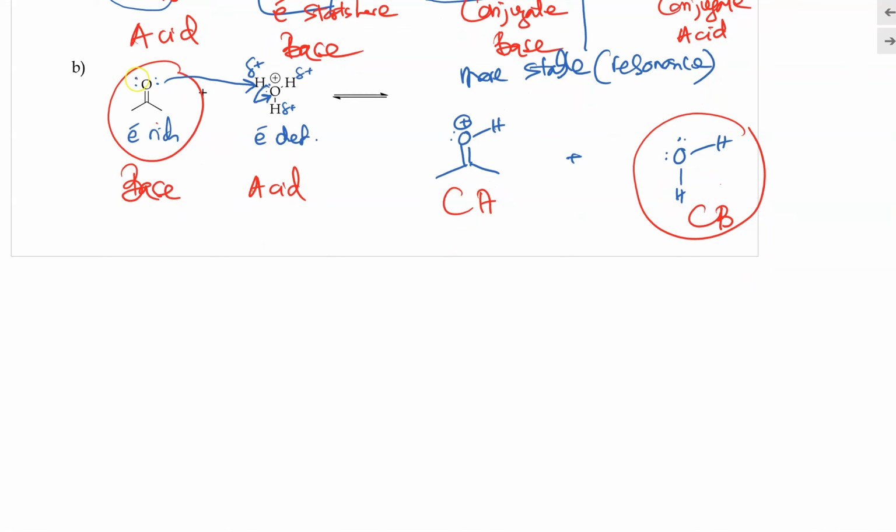The lone pair electron on this oxygen on the reactant side in acetone is located on an sp2 orbital, versus the electron that now ends up on this oxygen in water, where the lone pair is located on an sp3 orbital. So the difference between these two substances is that one has the electron located on an sp2 orbital, and the other has the electron on an sp3 orbital.